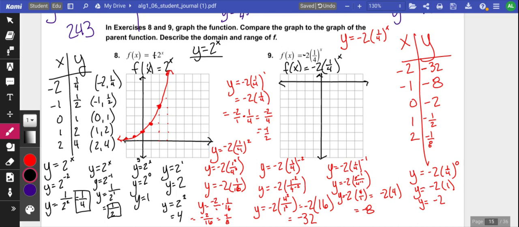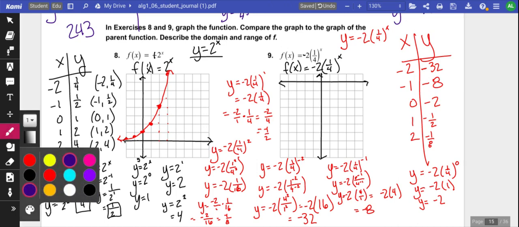All right. Now I can draw all these different ordered pairs. If it's confusing to look at in the chart, just bring them all out of the chart. Okay, -2, -32. I'm not going to fit that one on my graph, but I could do the next one. -1 and -8. 0, -2. 1, -1/2. 2, -1/8. The rest can all fit on my graph.